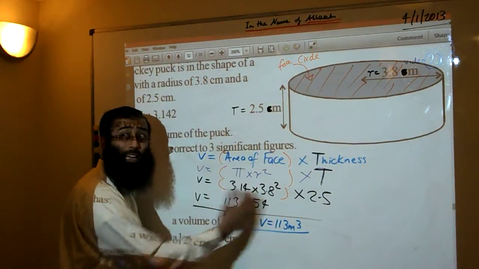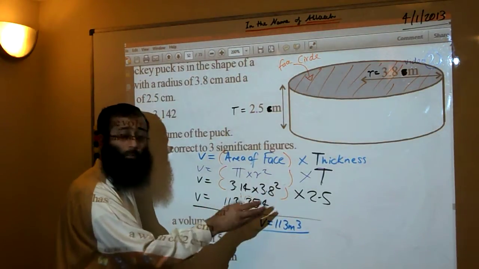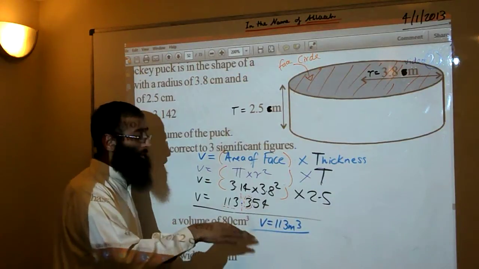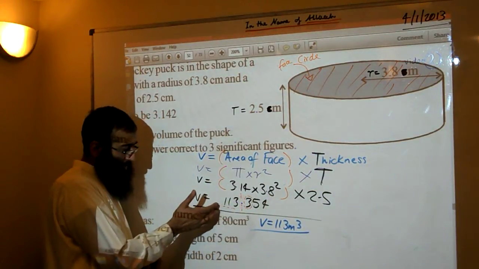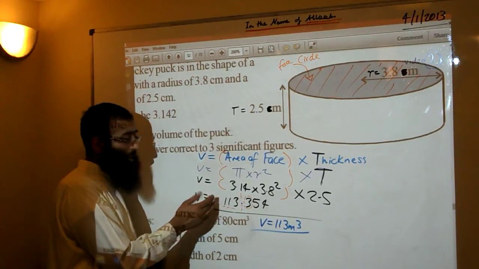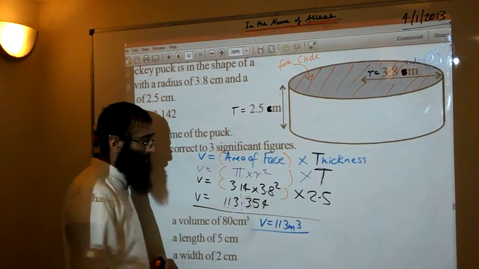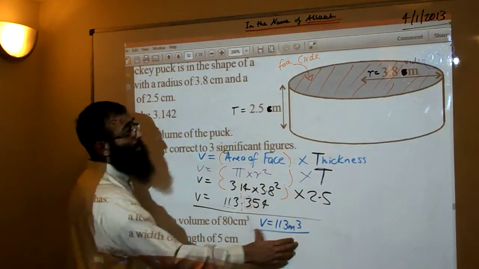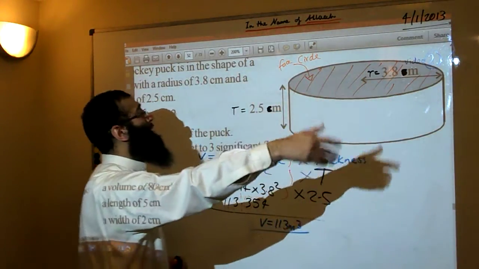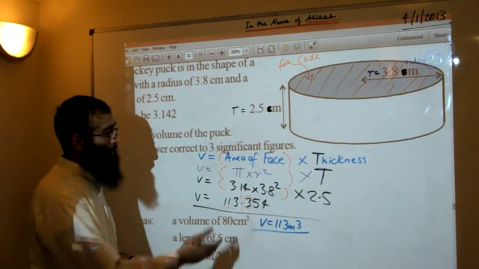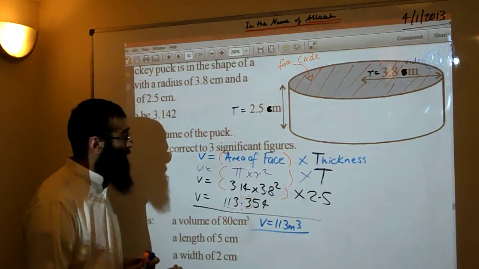You don't fill in any more zeros, you just cut that part of the number off. That's the decimal version of it. If the 3 was further to the left, then you'd have to fill in zeros up to the decimal point. So the answer for this question, a swimming pool with a 3.8 meter radius and 2.5 meters depth, is a volume of 113 meters cubed.